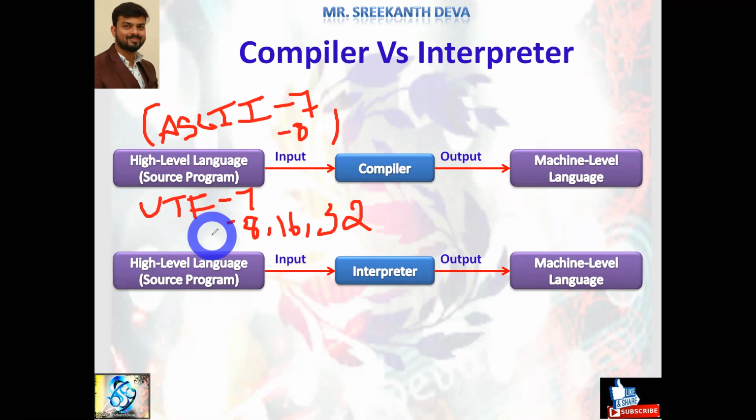But coming to Unicode standards, these are called UTF formats. UTF is nothing but Unicode Transformation Format. Java supports nearly 65,536 characters, including not only English but also high level and localization, internationalization languages.